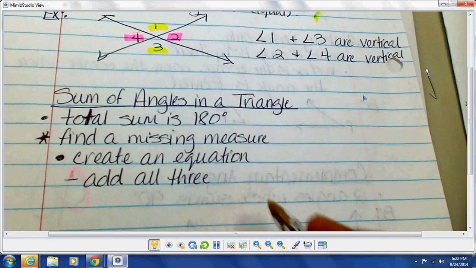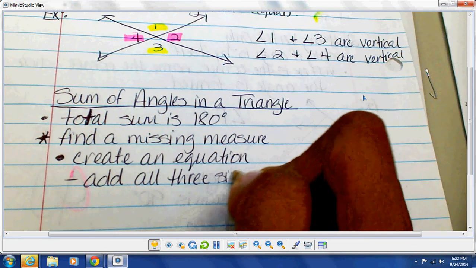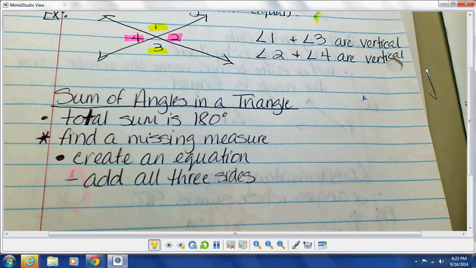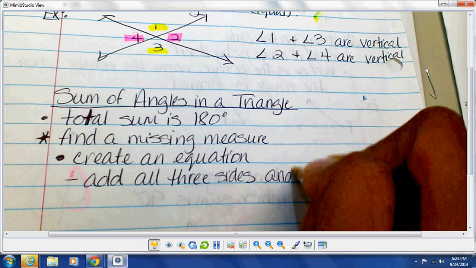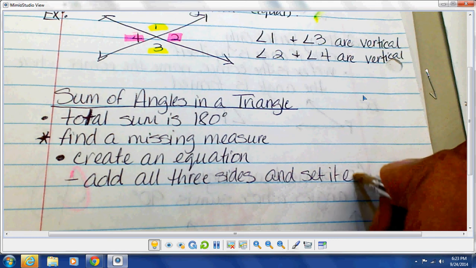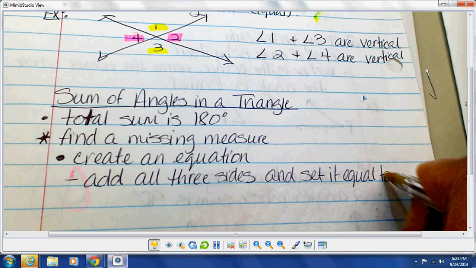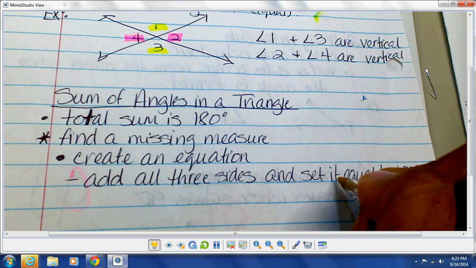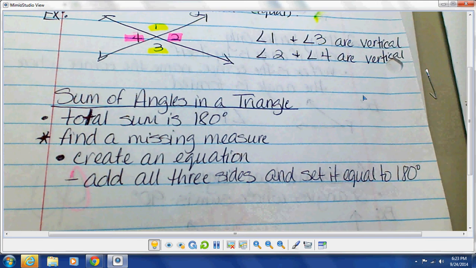And to do this, we're going to add all 3 sides and set it equal to 180. Because each has 180 degrees. Okay, and once we have an equation, we've already done solving equations, right?